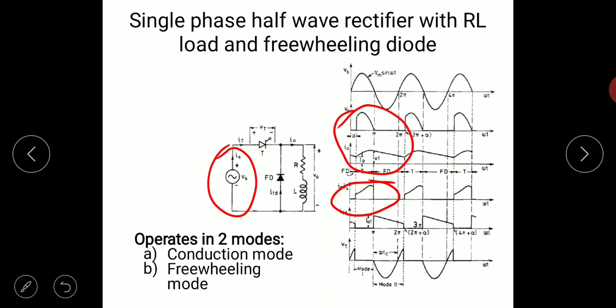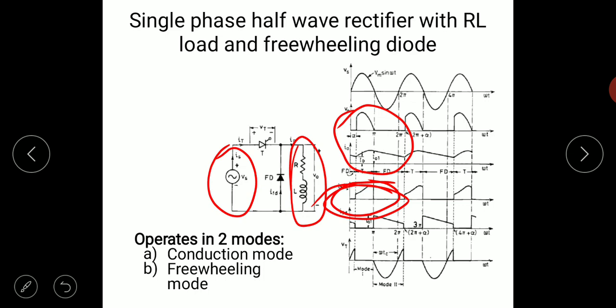Here we do not have that waveform of supply current without freewheeling diode, but if you compare these two, you can clearly observe that this current has higher harmonics because of discontinuity. The supply current was getting discontinued, but the load current is continuous.